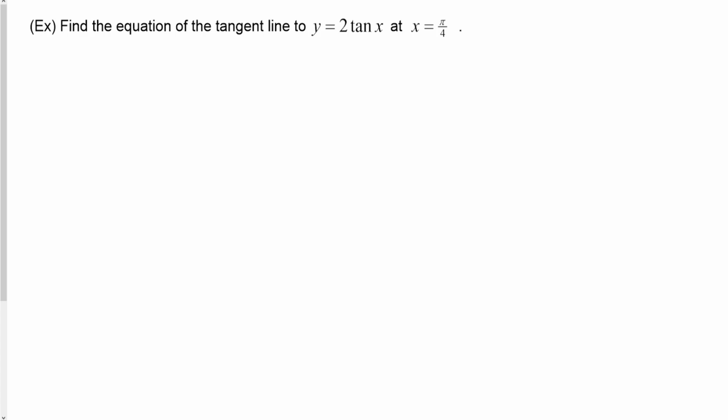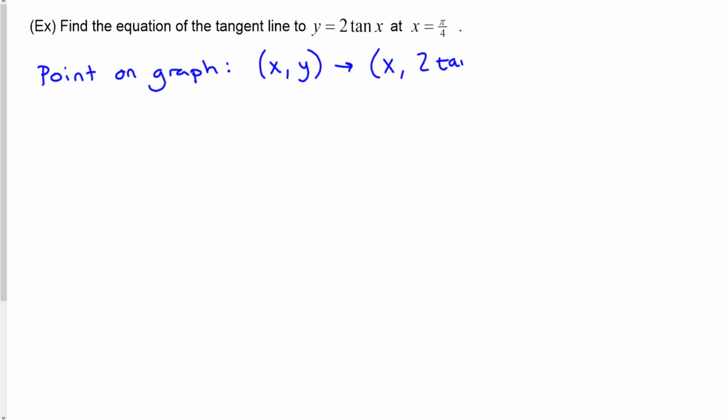Okay, to find the equation of a tangent line, we need to have a point that exists on the graph of interest, and we need to know what the slope of the tangent line is at that particular point of interest. So the point on the graph, let's start there. The point on any graph has the coordinates x comma y, and y is defined by a function, so effectively it's x comma 2 tangent x.